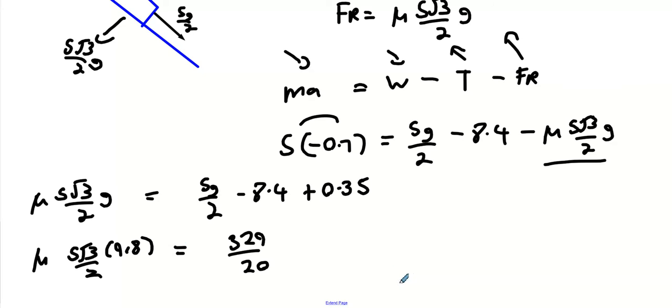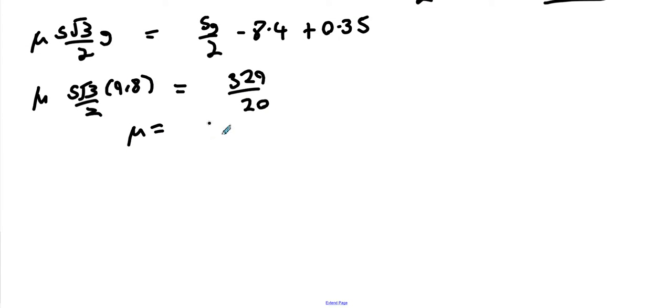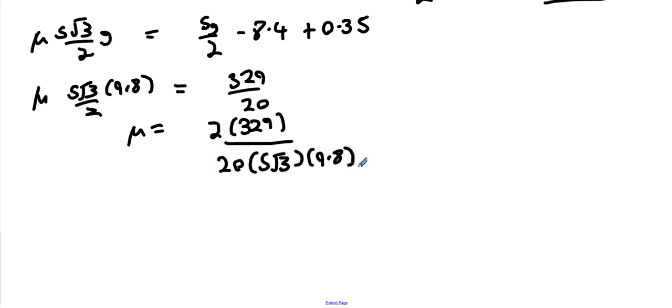So what I'm going to do here now is mu. Going to bring the 2. So I'm going to do 2 times 329, and then it's going to be divided by 20 times 5 root 3 times 9.8.